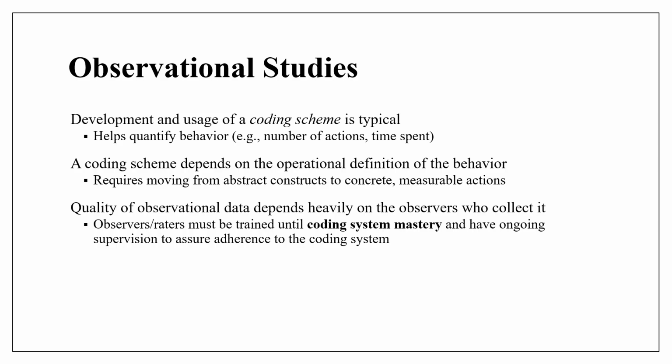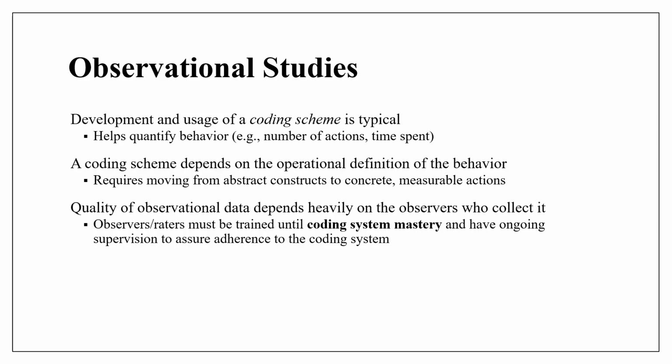If possible, I'll post an example of a coding scheme that I've used for some of my studies so you can see how extensive it can actually be. But again, the observers or the raters that are going to go out there to observe this behavior first have to become extremely familiarized with the coding scheme itself, all the categories and subcategories.